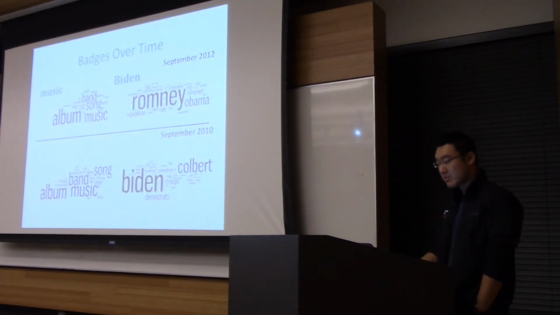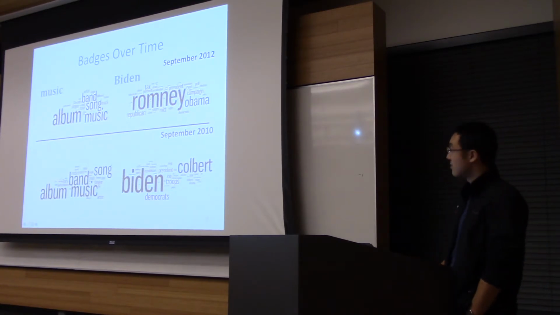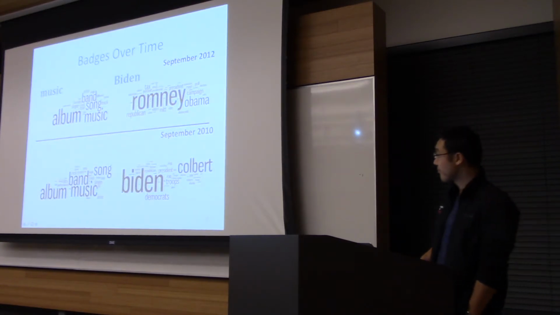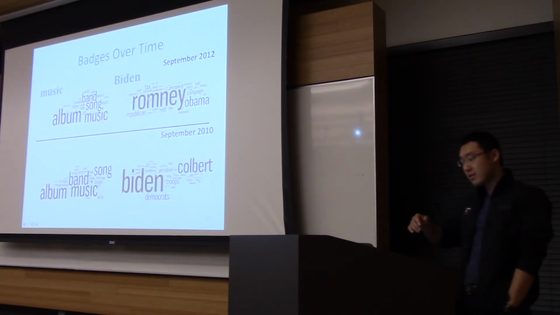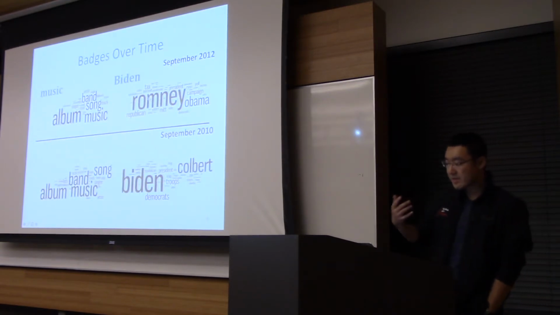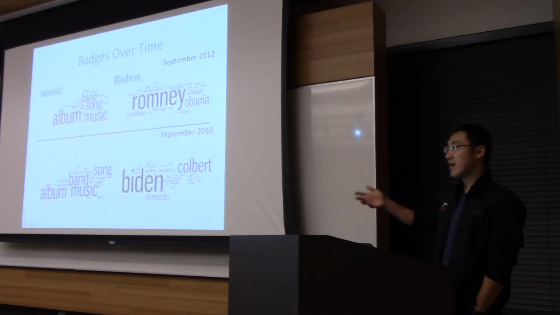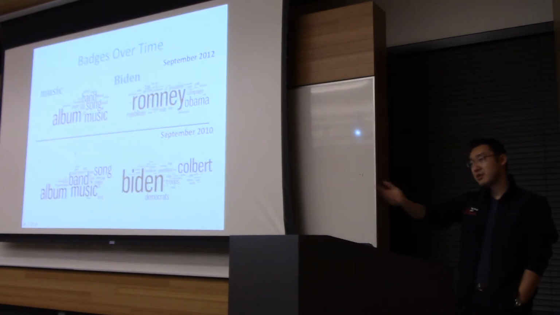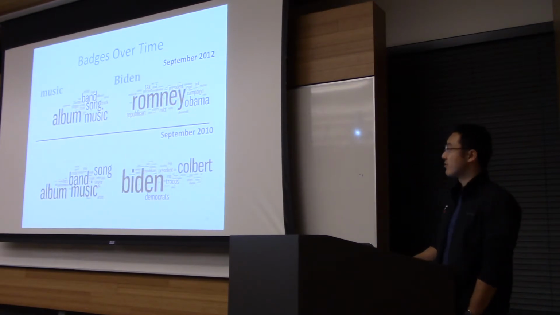And then in September 2010, two years earlier, this was the model for the same badge. So now we can represent concepts as a function of badges, and the meaning of badges can drift, at least in terms of the low-level word representation, along with whatever is of contemporary interest in the news cycle.